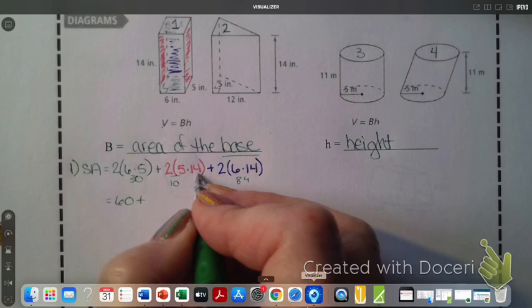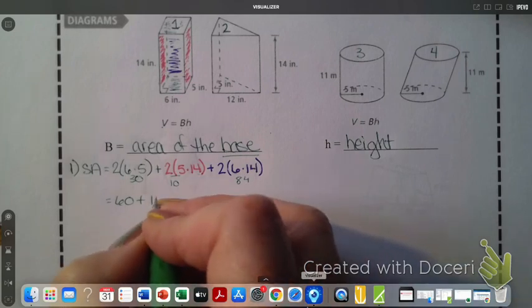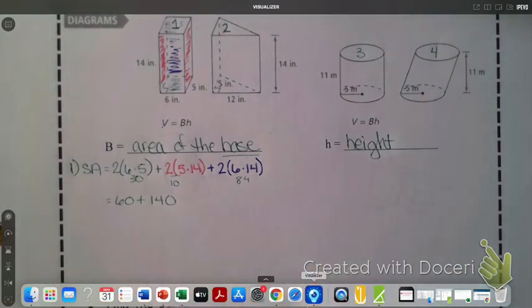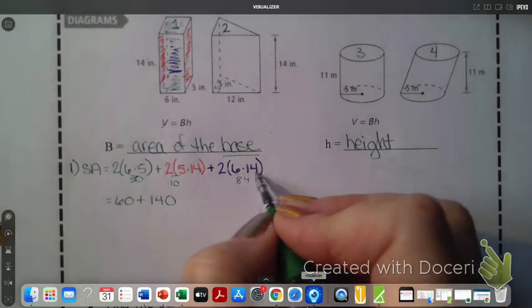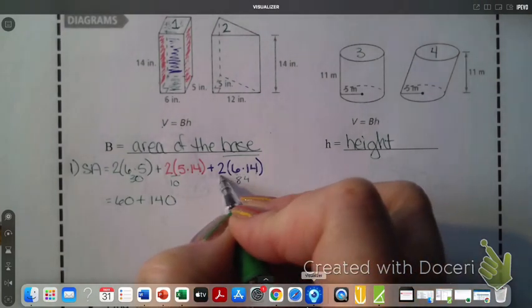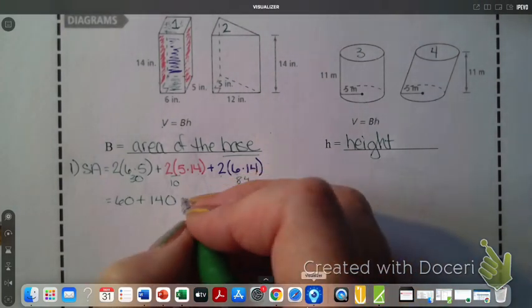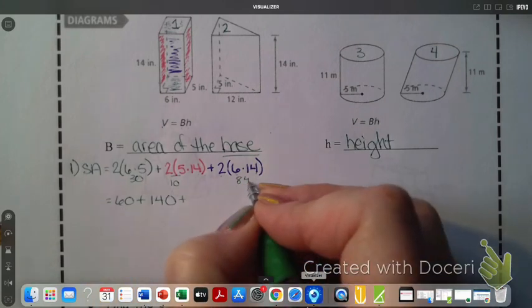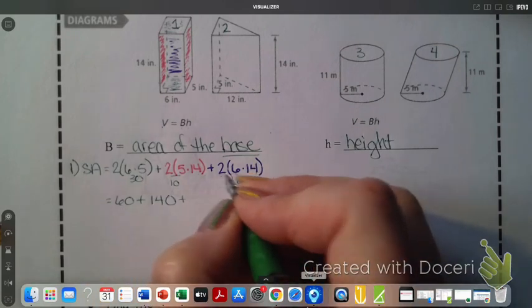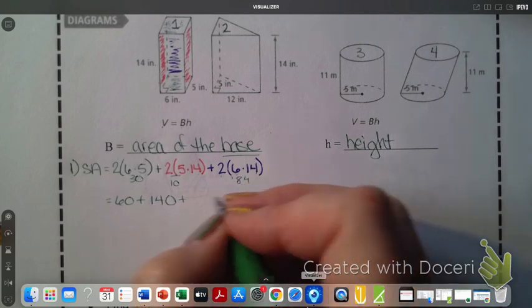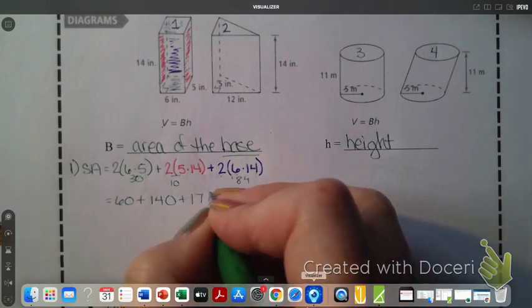Plus 10 times 14 is? 140. Do you see why now I multiply 2 times 5 instead of like 5 times 14? Because it's easy to multiply by 10, isn't it? And then I multiplied 6 times 14 because it's pretty easy to multiply by 2. So 2 times 4 is 8. Carry a 1. 178. Because you had to carry a 1.